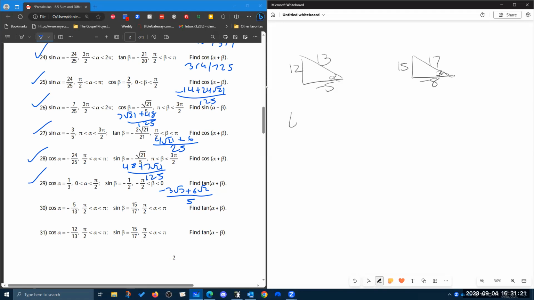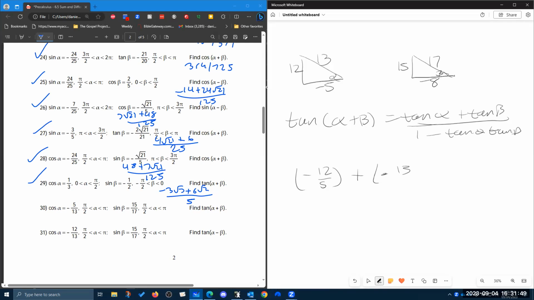And I want to find tan alpha plus beta, which is tan alpha plus tan beta over 1 minus tan alpha times tan beta. So tan of alpha is negative 12 over 5, plus tan of beta is negative 15 over 8.